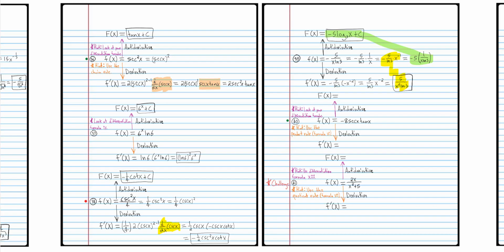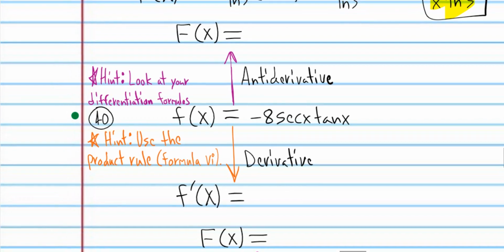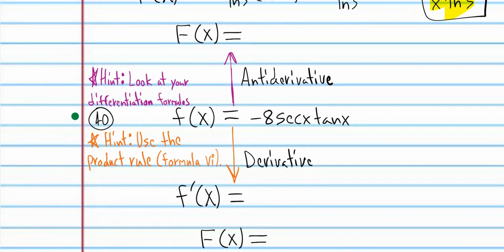You just have to use your differentiation formulas. But the derivative is actually going to be kind of involved, because we have to use the product rule on this problem, and we actually have to use the quotient rule on this problem. We haven't used the quotient rule today, so let's see how you do on that. But first, let's try number 40. Attempt number 40. When you come back, we'll do it together.